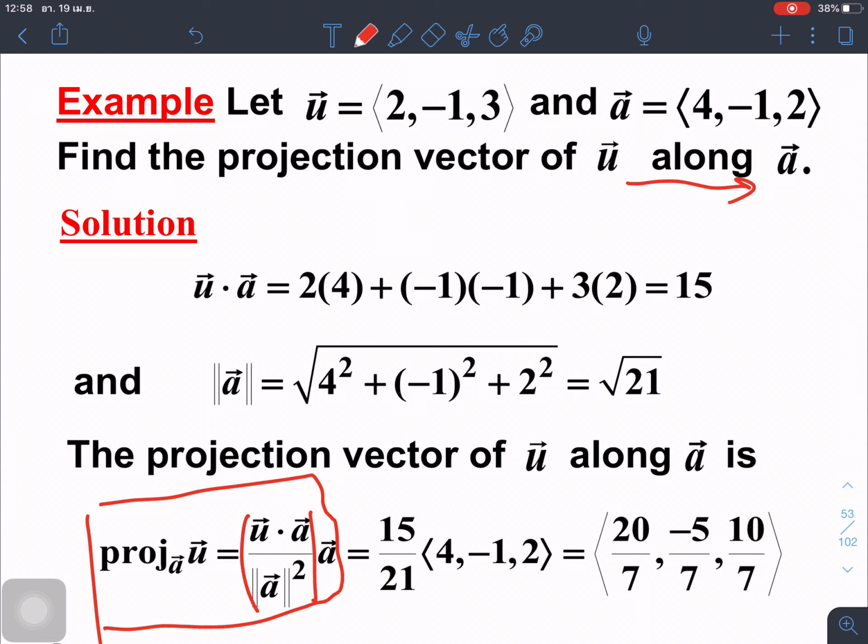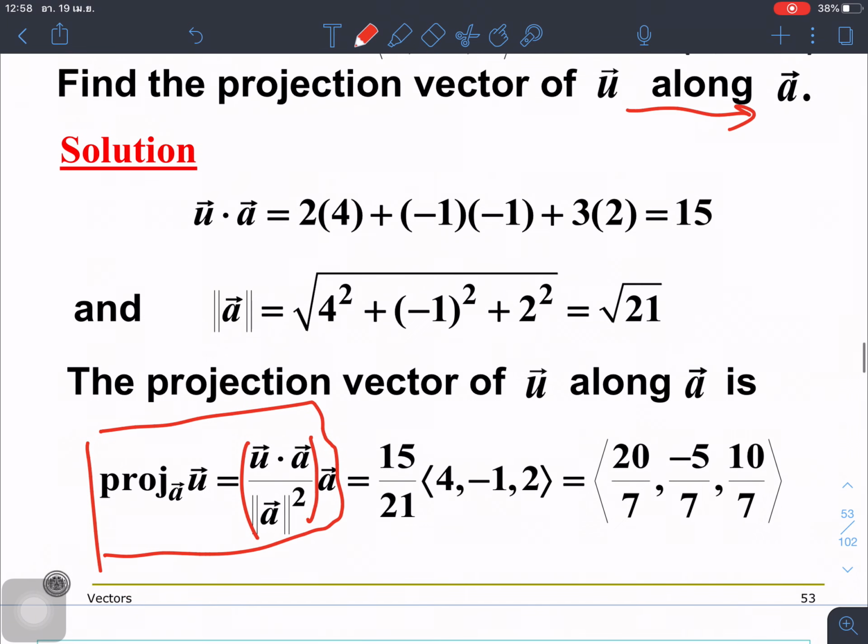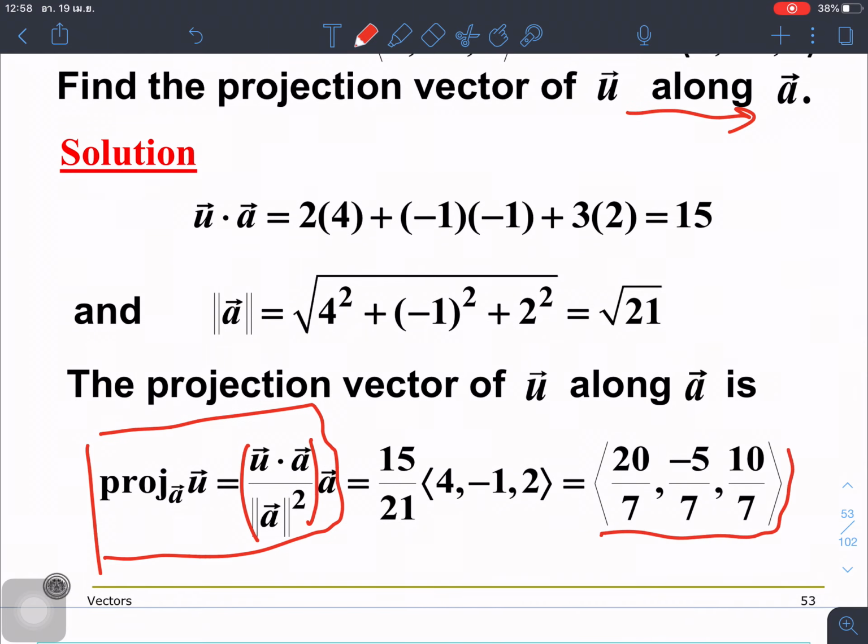So you have to find u dot a first, which is just 15, and then you find the modulus of a, which is square root of 21. Then you put everything in the formula, and you get the resulting vector, which is the projection vector of u along vector a. Okay, this is the answer.